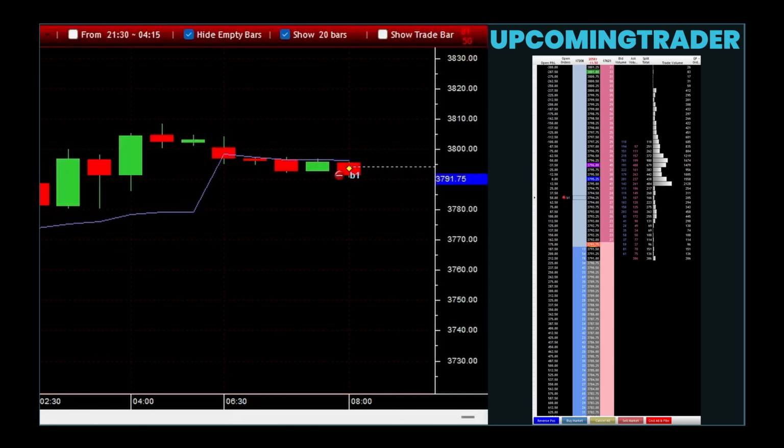The long lower shadow is a term used in technical analysis that describes a specific candlestick pattern on a price chart. This pattern is characterized by a candlestick with a small body and a long shadow extending downwards from the body.